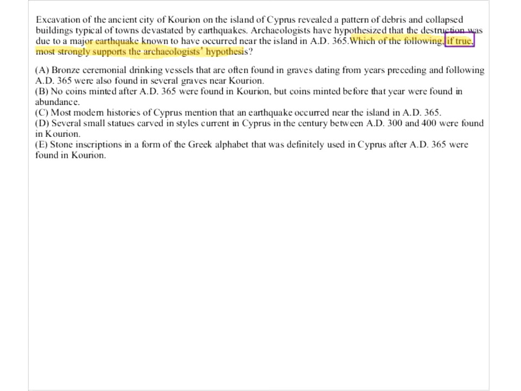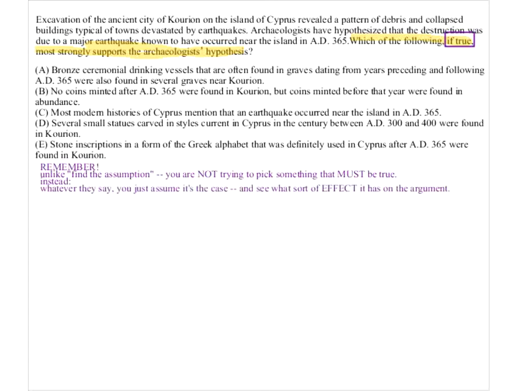Unlike find the assumption, you are not trying to pick something that must be true. Instead, whatever they say, you just assume it's the case and see what sort of effect it has on the argument.